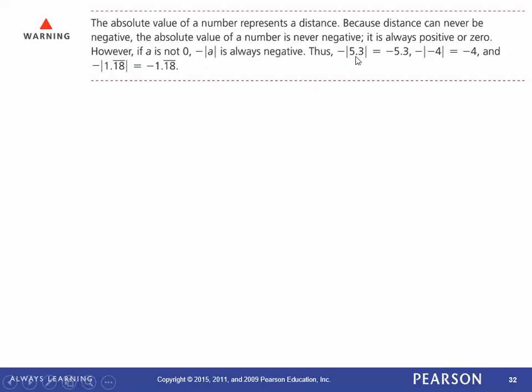So if you want the absolute value of 5.3, but you want the negative of it, we just stick a little negative in front of the absolute value. It's the same thing here. Negative of the absolute value of -4. Well, this part becomes positive, but since the negative is hanging out in front, there's your little negative. And a decimal that repeats itself, absolute value of that is going to be that, but then you get the negative in front. So yes, after some computation with absolute values, you can still make it a negative by putting the negative out in front.